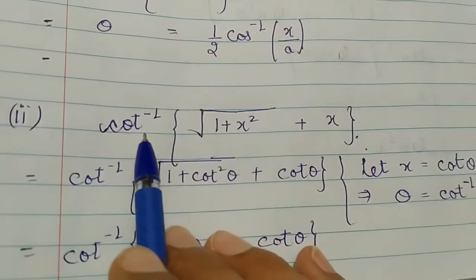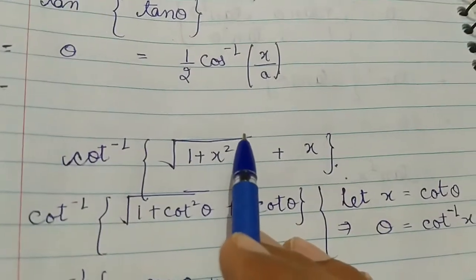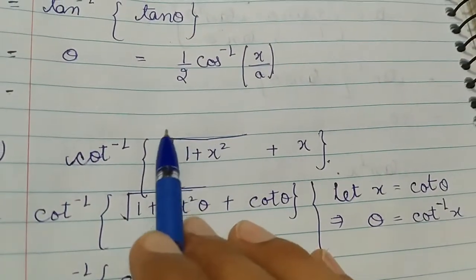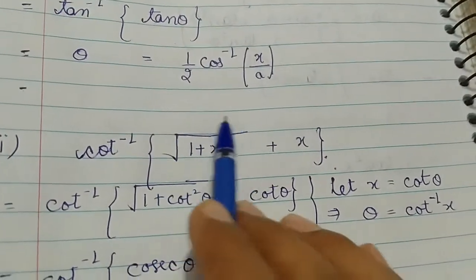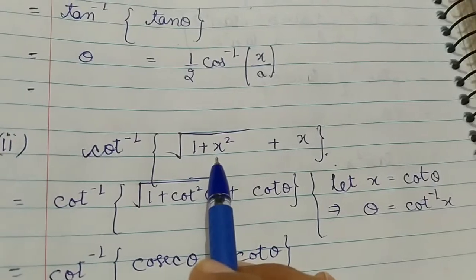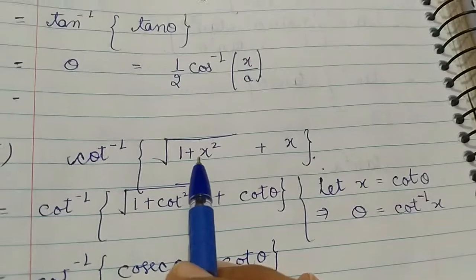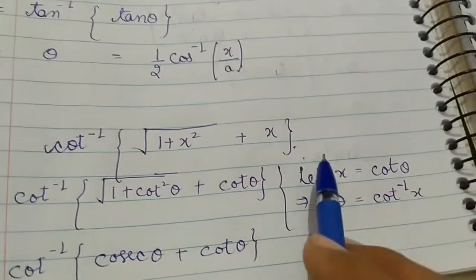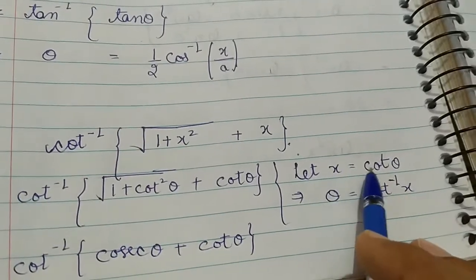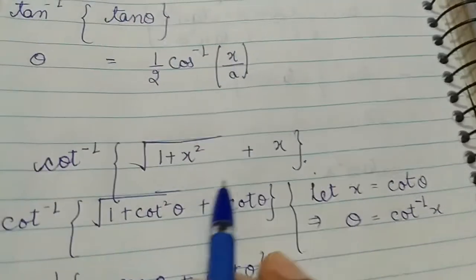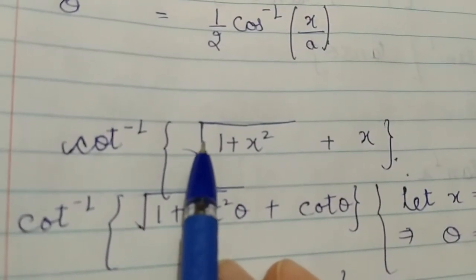The second question is cot inverse of root of (1 plus x square) plus x. Here, this term involves the sign of square root. Again, using the first method which we discussed in session 6, we apply the substitution x equals cot theta, because this substitution helps us remove the sign of square root.